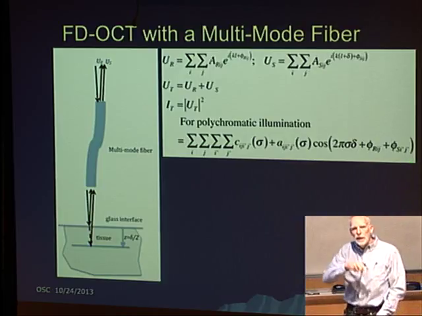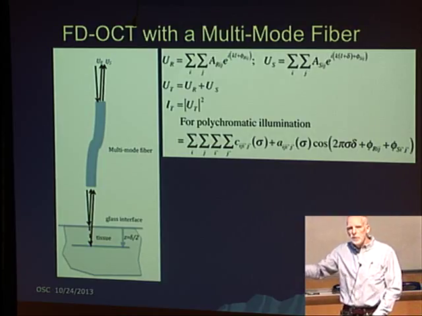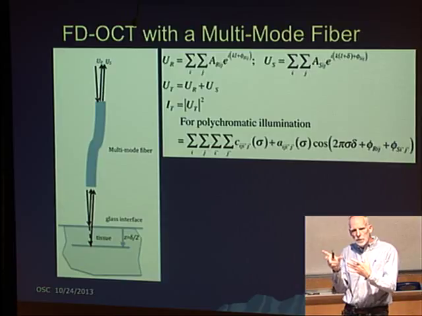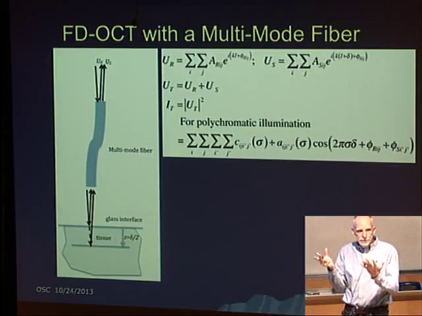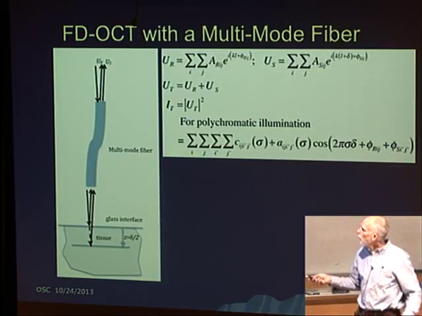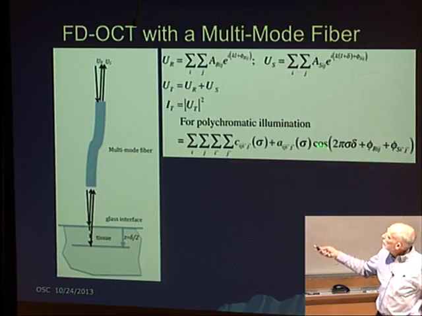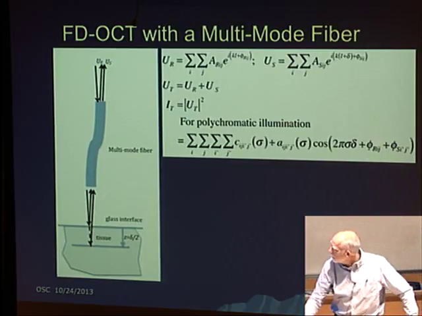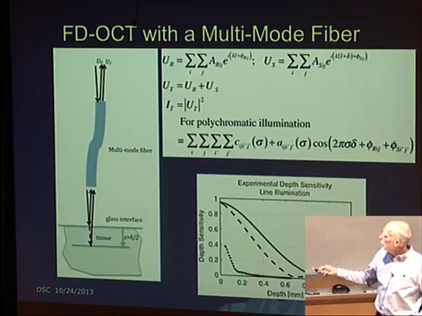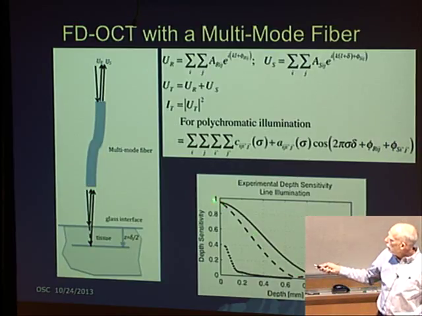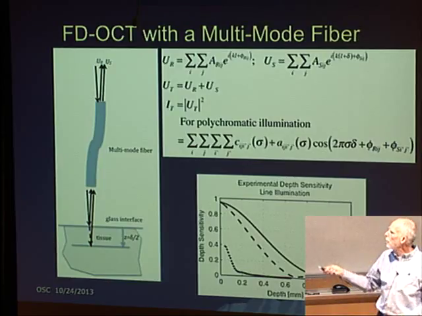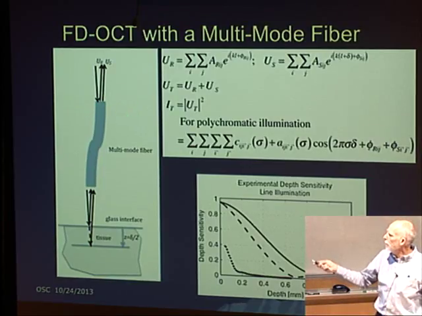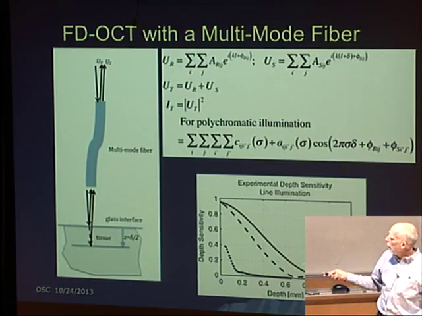What happens when you add a bunch of cosines that have the same frequency but different phases? They tend to cancel out, right? So these will tend to cancel out, and we get less sensitivity. We did some experimental work to show that this is what you would predict for a perfect OCT system with a blur function the size of the fiber element.